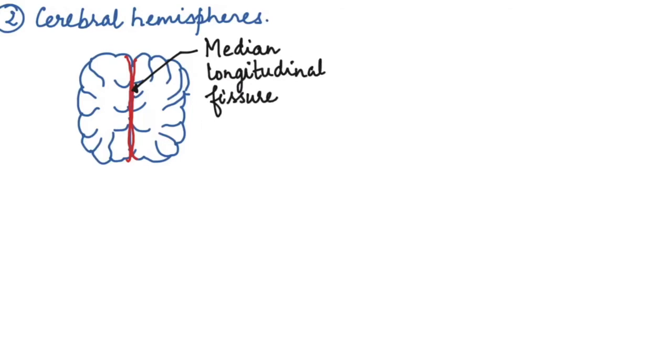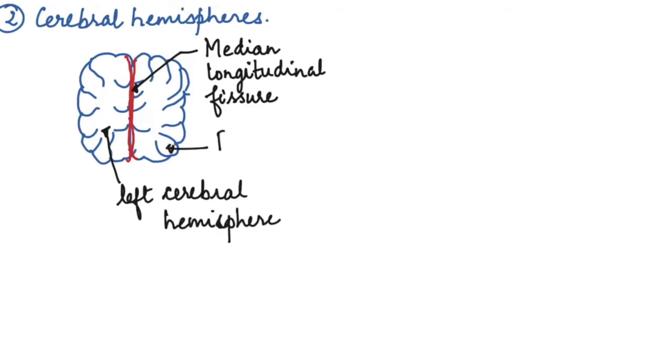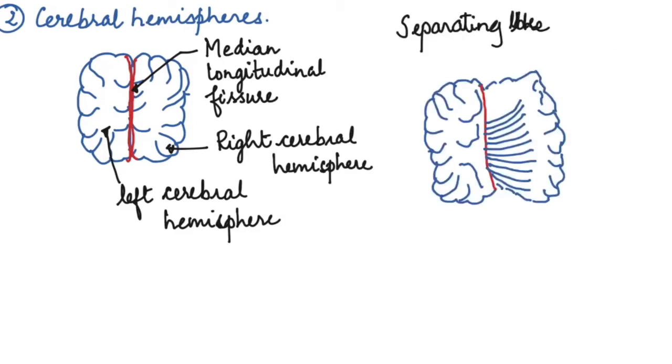This median longitudinal fissure separates the cerebrum to form two different parts or hemispheres, which are called the left cerebral hemisphere on our left side and the right cerebral hemisphere on our right side. The right side controls the left part of our body, whereas the left controls the right part of our body.